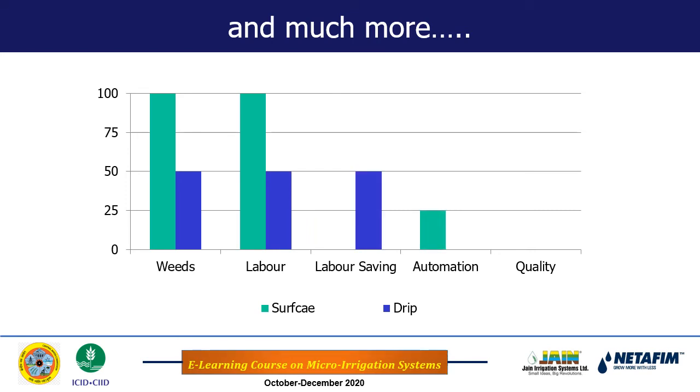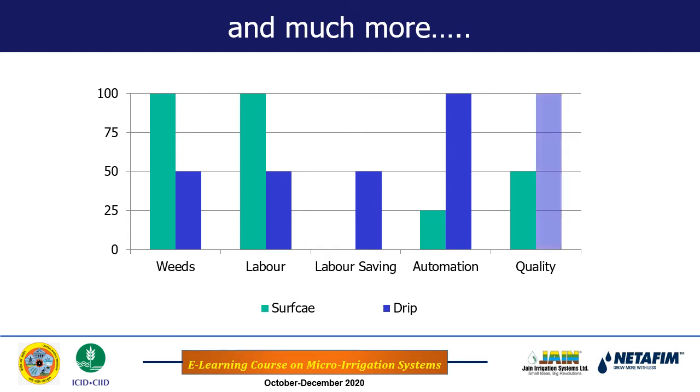Automation possibility in surface irrigation could be only up to 25%, but in drip it is up to 100%. Quality, in case of the surface irrigation method, if we are satisfied 50% with the quality, in case of drip irrigation we are satisfied 100%.